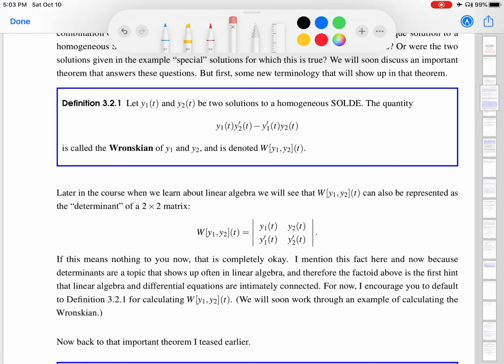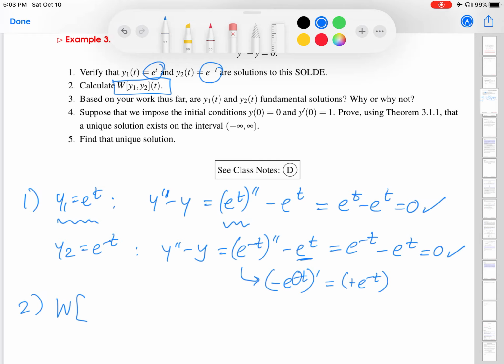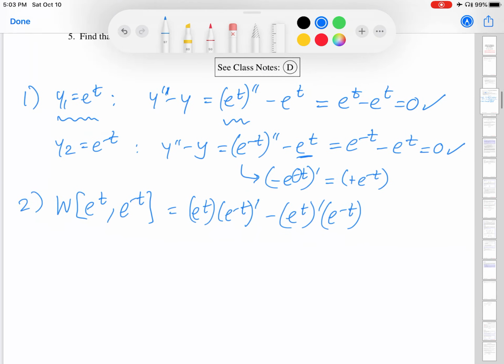y1 up here was e to the t, and y2 was e to the minus t. So e to the t, e to the minus t. And remember, the Wronskian says y1 y2 prime minus y1 prime y2. Great. And then I'm going to calculate this. So the derivative of e to the minus t is negative e to the minus t.